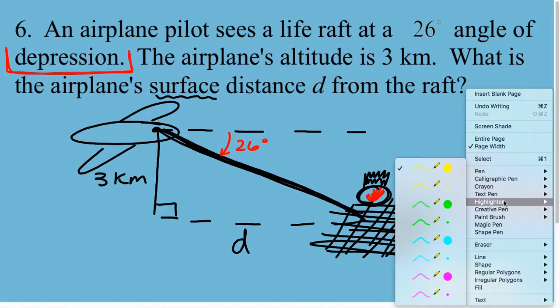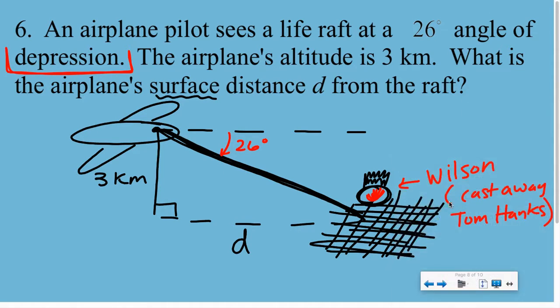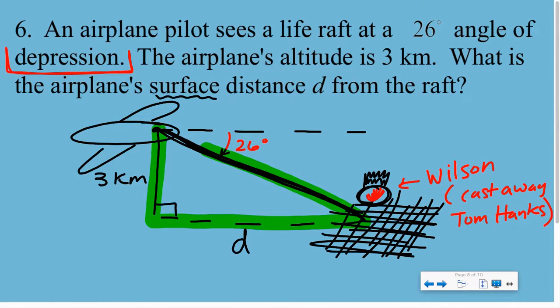So if you want to do plain Jane and just draw your triangle, then you would have what I have here highlighted. That would be your right triangle. I know that this side is 3. I'm trying to find the bottom side, but the only angle that I have inside of the triangle is 90, and I can't take a trig function of 90 degrees. We have to do it on the acute angles.